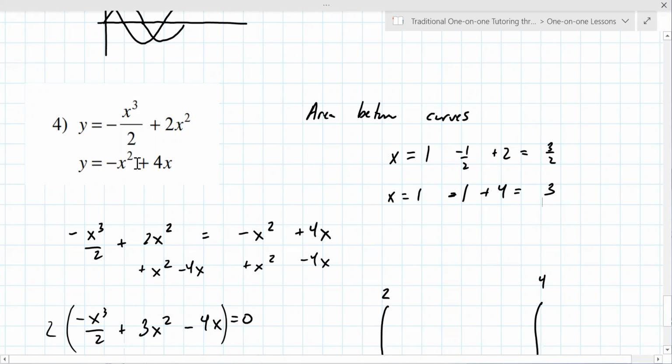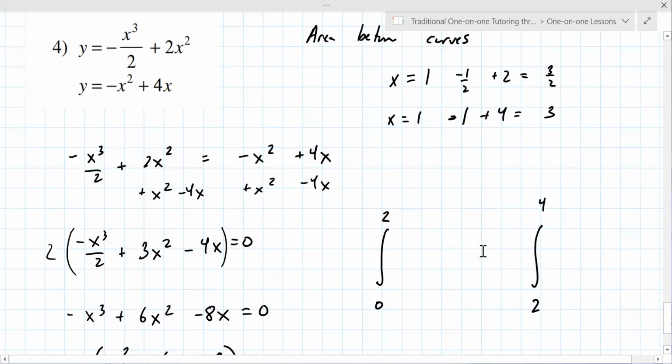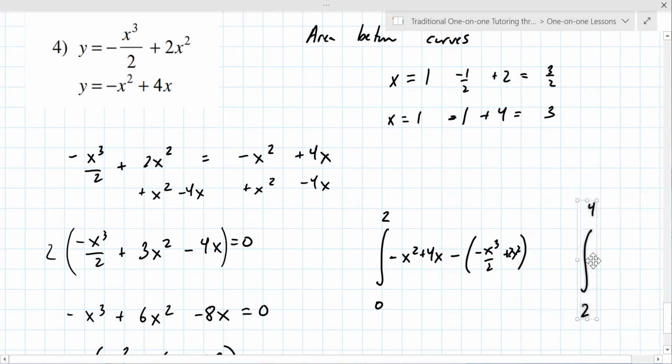So that tells you that the second one is on top. So it's -x squared plus 4x minus -x cubed over 2. The second one is on top because it's a bigger number. Yeah, because the y is bigger. Okay, so that's your top minus bottom.